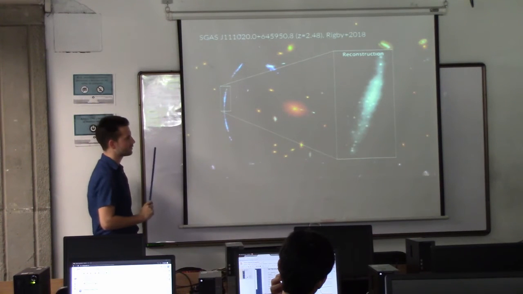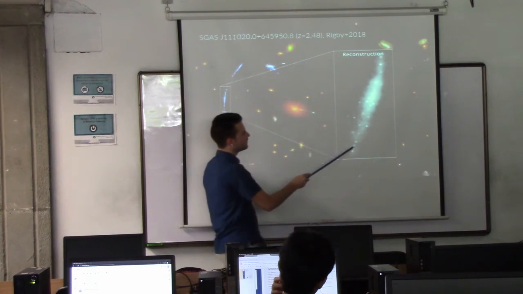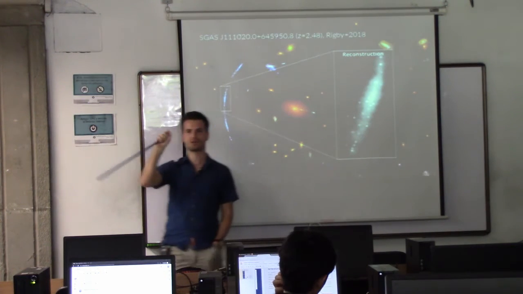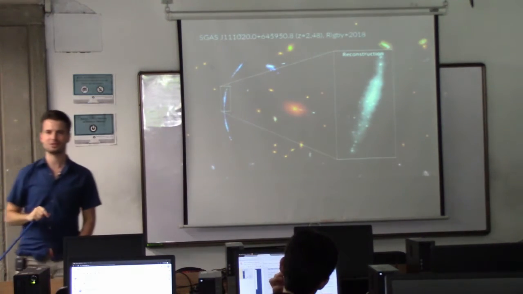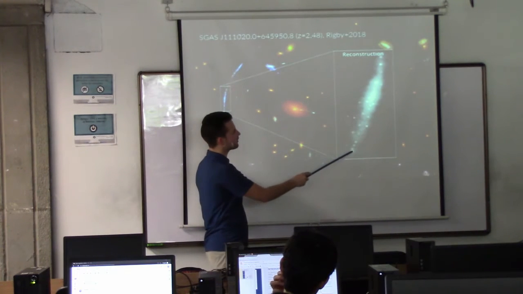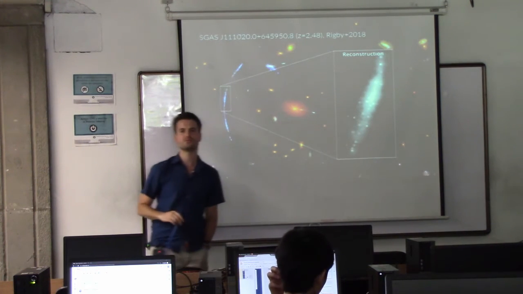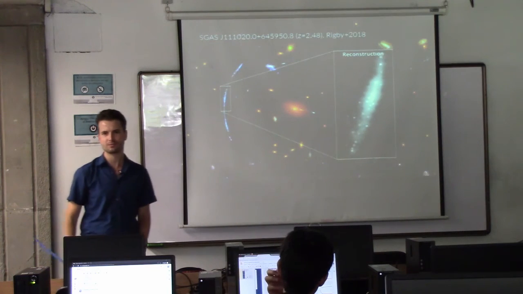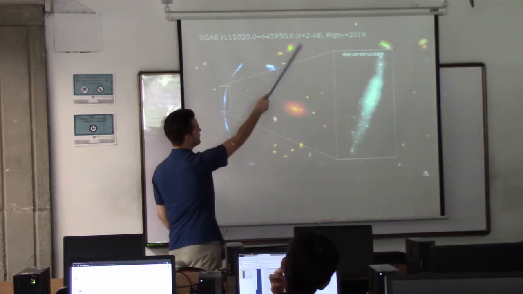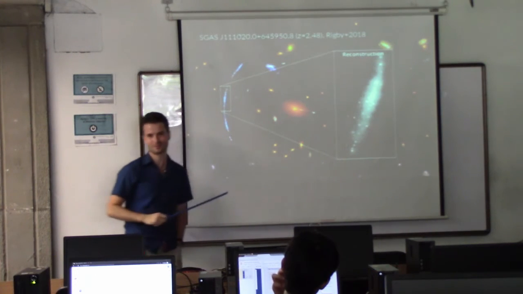Now, when you do your reconstruction, this is what you get. And these small dots turn out to be very compact star-forming regions. I didn't put a scale in it, but this would be on the order of a few tens of parsecs. And the galaxy which is lensed is at redshift 2.5.